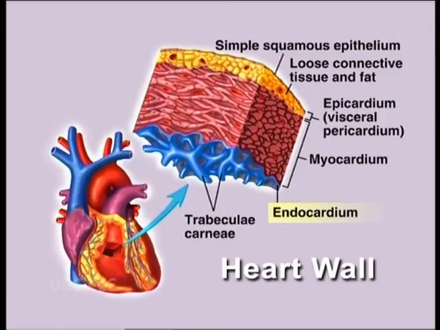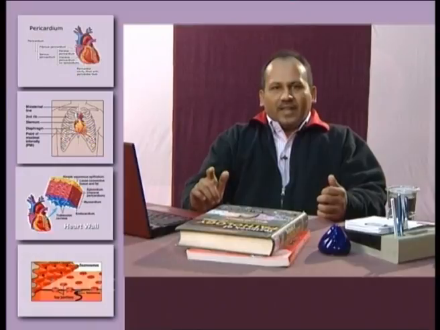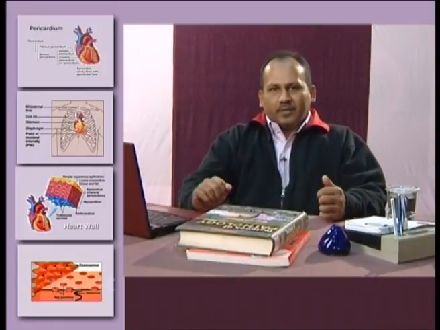As is evident in the diagram, the cardiac muscles, which form the middle layer, consist of striated muscles. At this point, it is important to understand the difference between the ordinary voluntary muscles, which are striated, and the cardiac muscles.